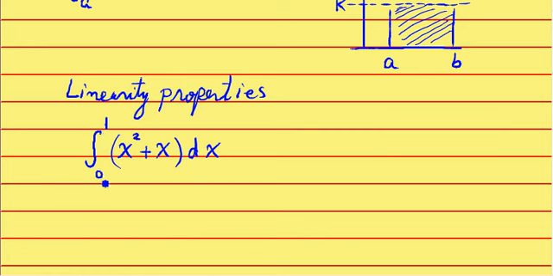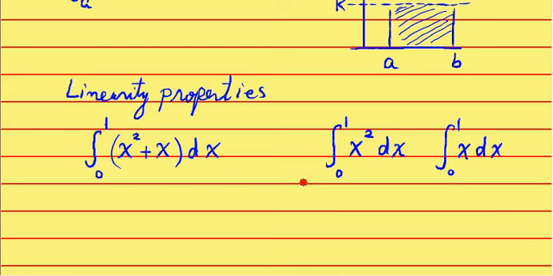Well, if I already know how to calculate the definite integral from 0 to 1 of the individual functions x squared and x, I'll start to wonder if there is a relationship between this one and those two. And the answer is a resounding yes.